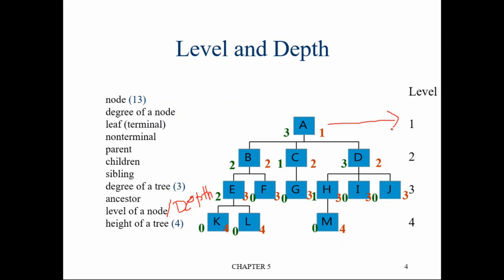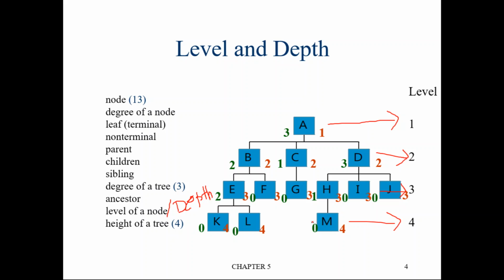It is at the first level, and these are the next level nodes. The immediate children of the root node are at level 2. The grandchildren of the root node are at level 3. The children of the grandchildren are at level 4, and so on it proceeds. So here we start the root node as level 1, the next set of nodes as level 2, the next as level 3, and the next as level 4.